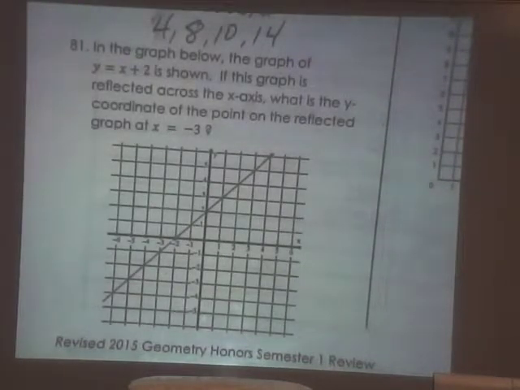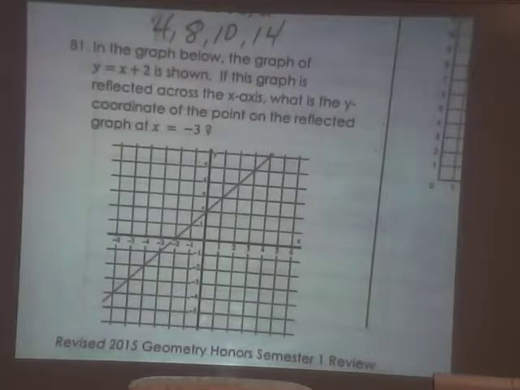We're on problem 81. In the graph below, the graph of y equals x plus 2 is shown. If this graph is reflected across the x-axis, what is the y-coordinate of the point on the reflected graph at x equals 3?